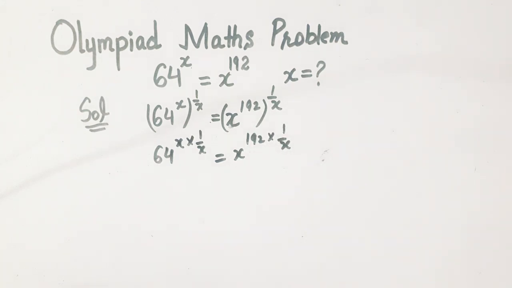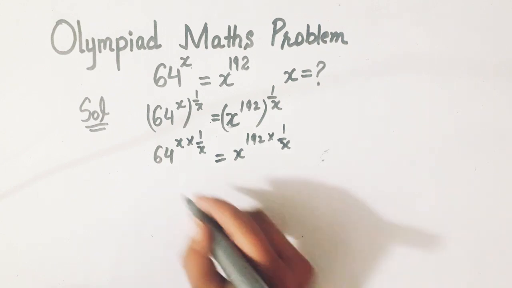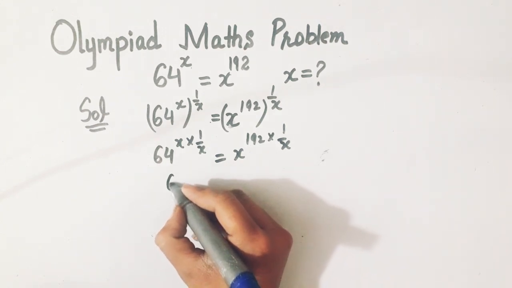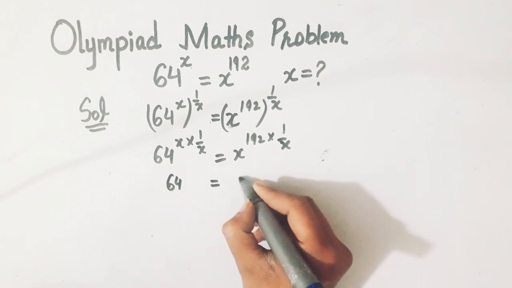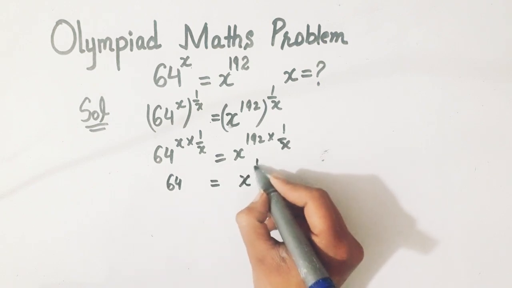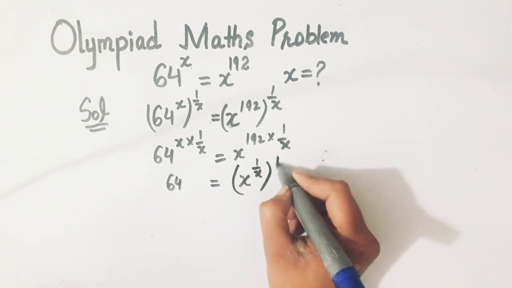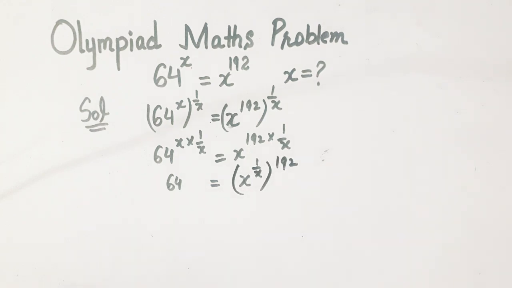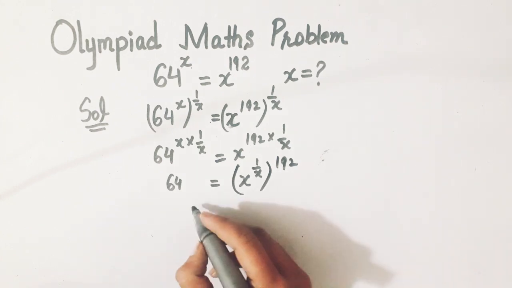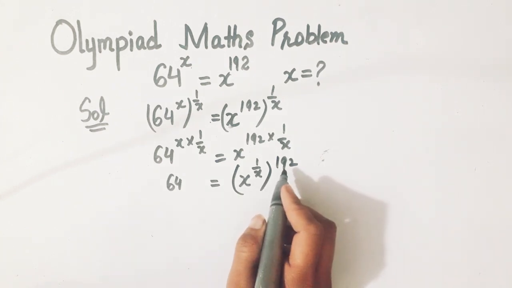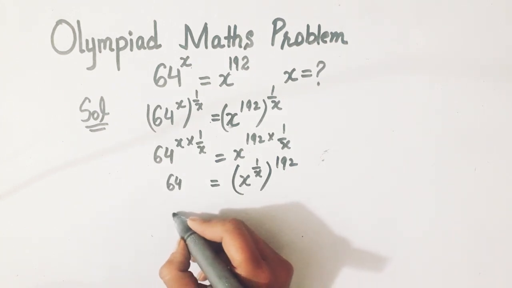Now in the next step, this becomes 64 equals x raised to power 1 by x, and its power is 192. Now we will solve this further by taking the power 1 by 192 on both sides.